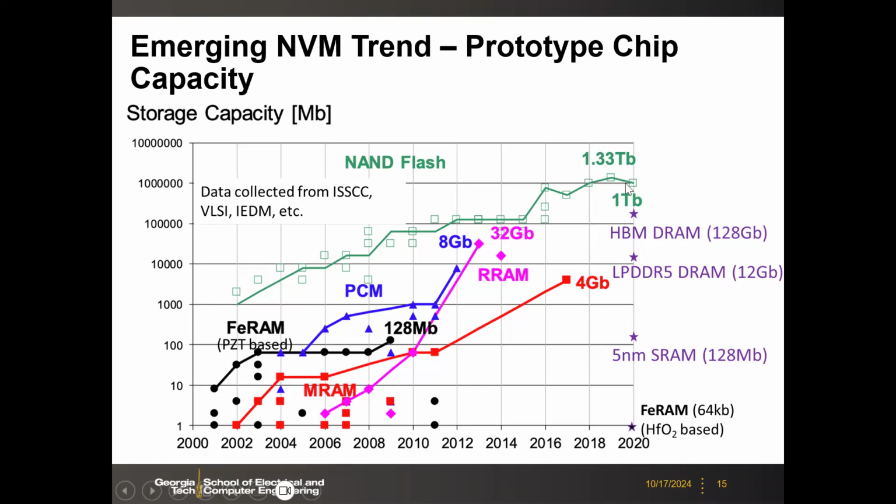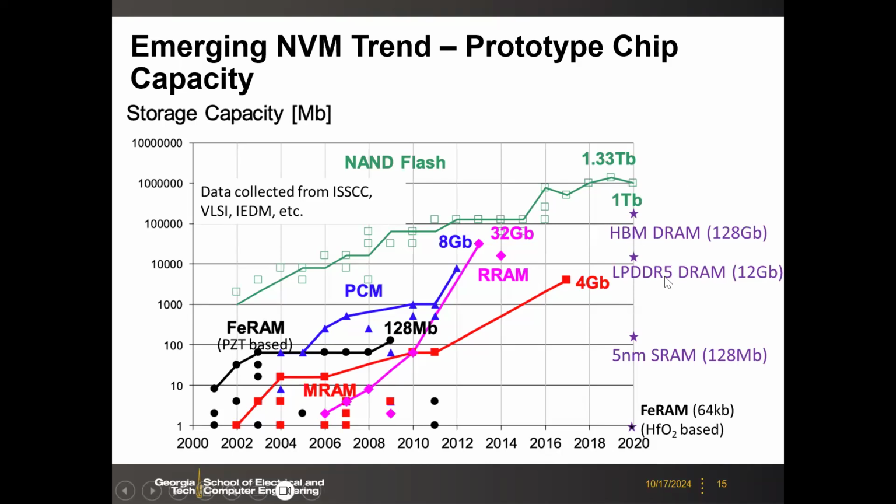The NAND flash already got 1 terabit thanks to the hundreds of layers of 3D, not stacking 3D but monolithic 3D, right? And then you have the TLC, QLC. If you recall last lecture, all the chips today are 1 terabit per chip.